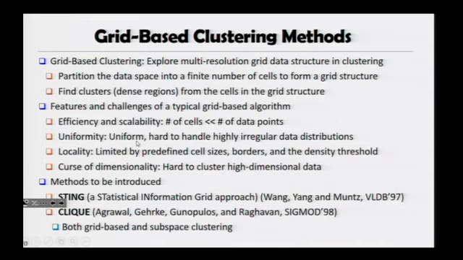The second is CLIQUE by Rakesh Agrawal and other collaborators from IBM Research, a SIGMOD paper from a later year, 1998. The CLIQUE algorithm is both grid-based as well as subspace clustering, which I will introduce shortly.